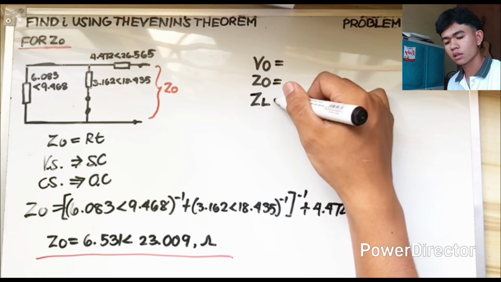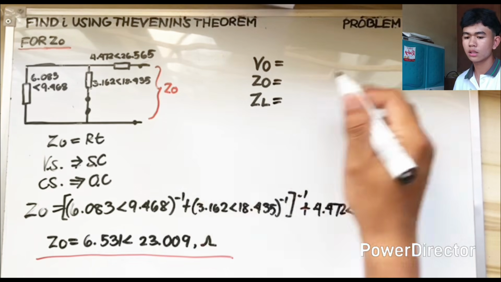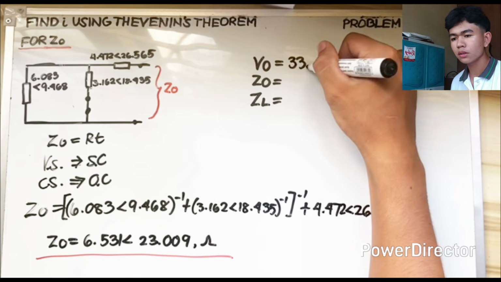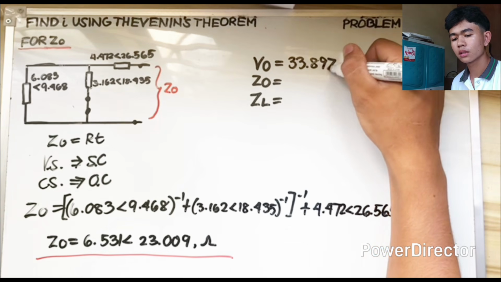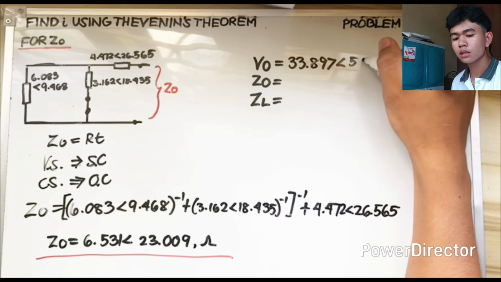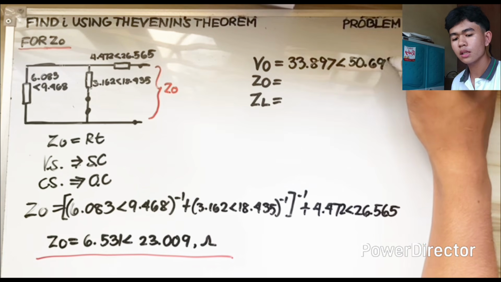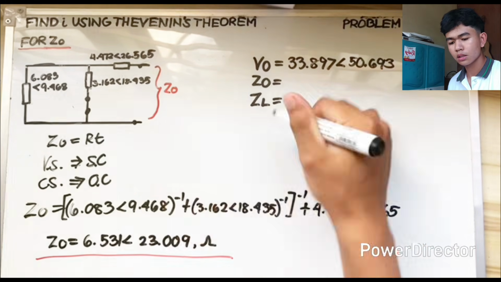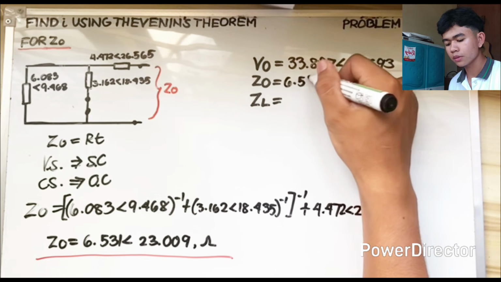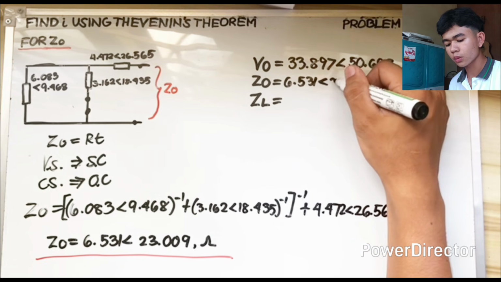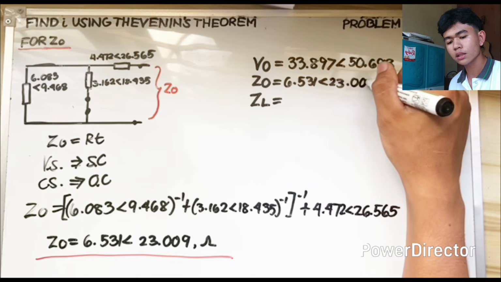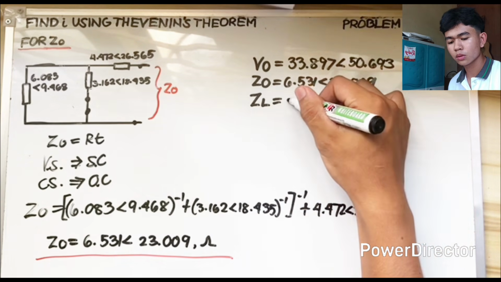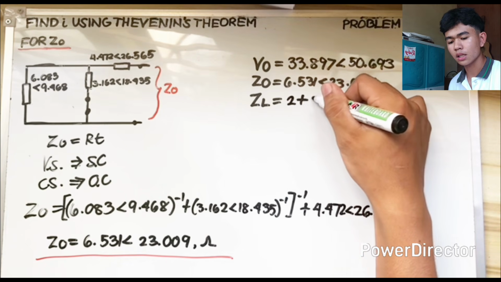As we solved earlier, V sub O is 33.897 angle 50.693, ZO is 6.531 angle 23.009, and ZL is 2 plus j.